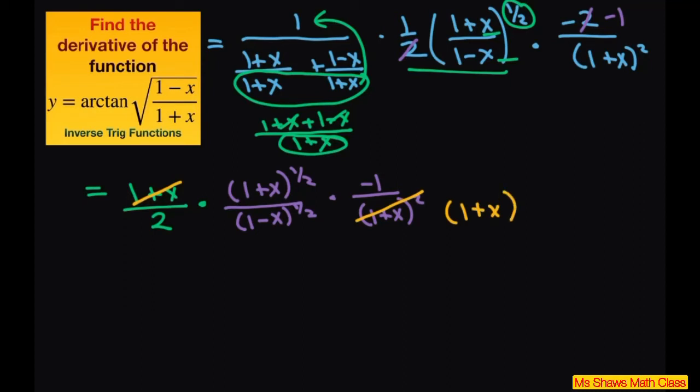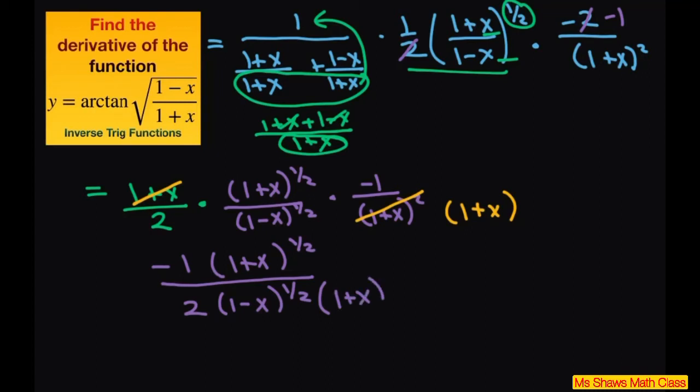And then I have negative 1 times (1 plus x) to the 1/2 power divided by 2 times (1 minus x) to the 1/2 power times (1 plus x).